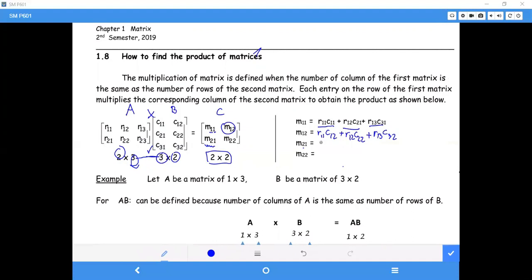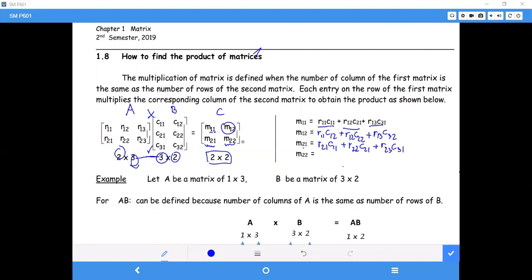So let's write it down. R21, C11 added with R22 and C21, right? And then R23 and C31. Okay, so I think you see the picture of it now, right? It's quite clear to you now.